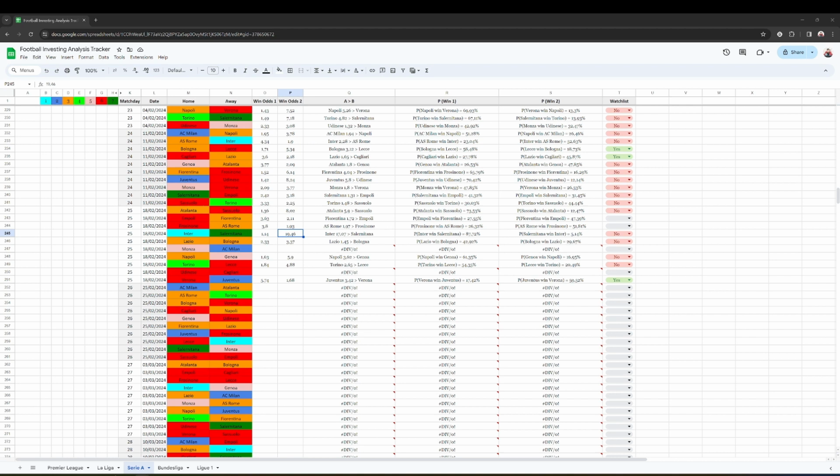Yeah, Fiorentina played Frosinone, and they played at home and they won 5-1. So I don't know. While this one I can understand, this one is probably worth further checking, unless there are some key players missing for Fiorentina.